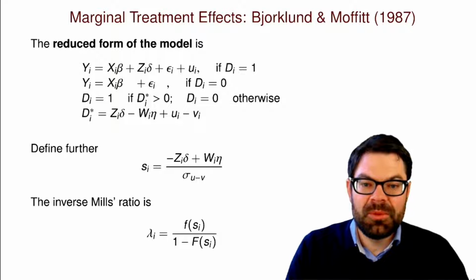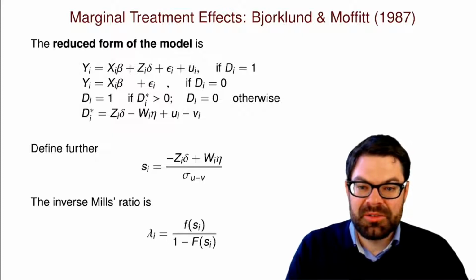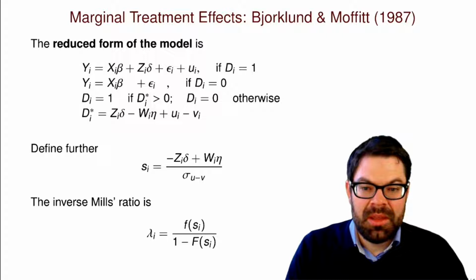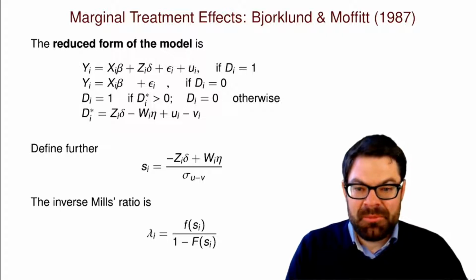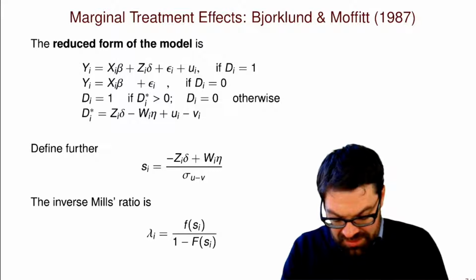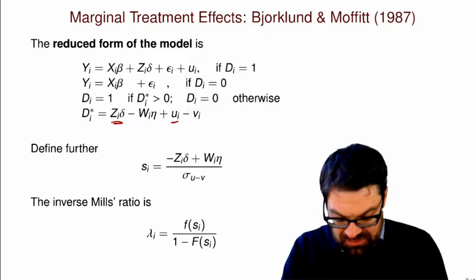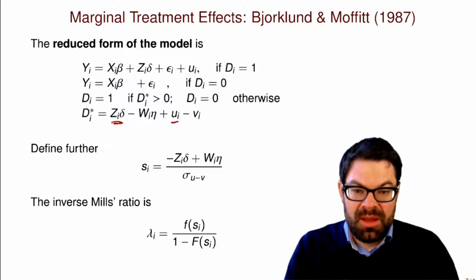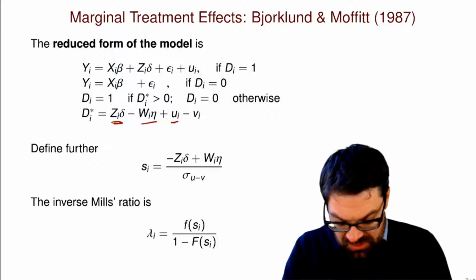And obviously for people who did not take the treatment, that Z and U term are not present. And at the same time, we have a selection equation that is governed not only by the gains, which would be Z and U, but also by the costs, which is W and V.